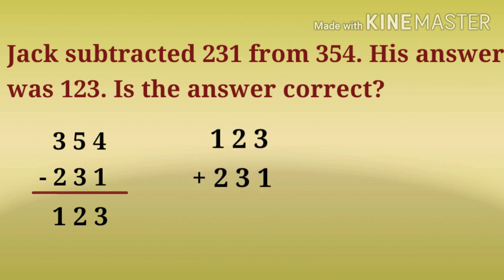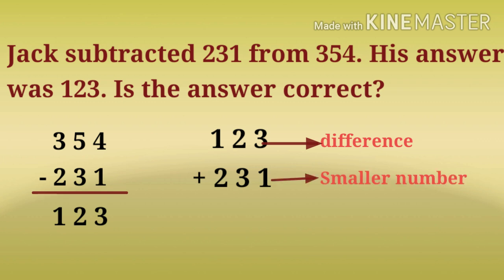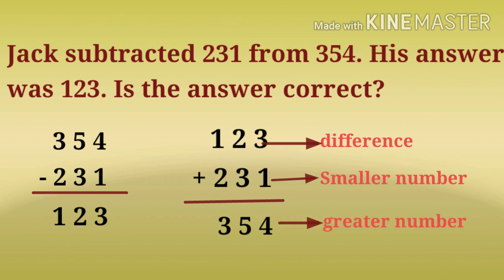So here, which is the difference? Yes, 123, and the smaller number is 231. So we can add 123 and 231. Then we get the sum as 354. So now you can see that 354 is the greater number. Therefore, the answer is correct.